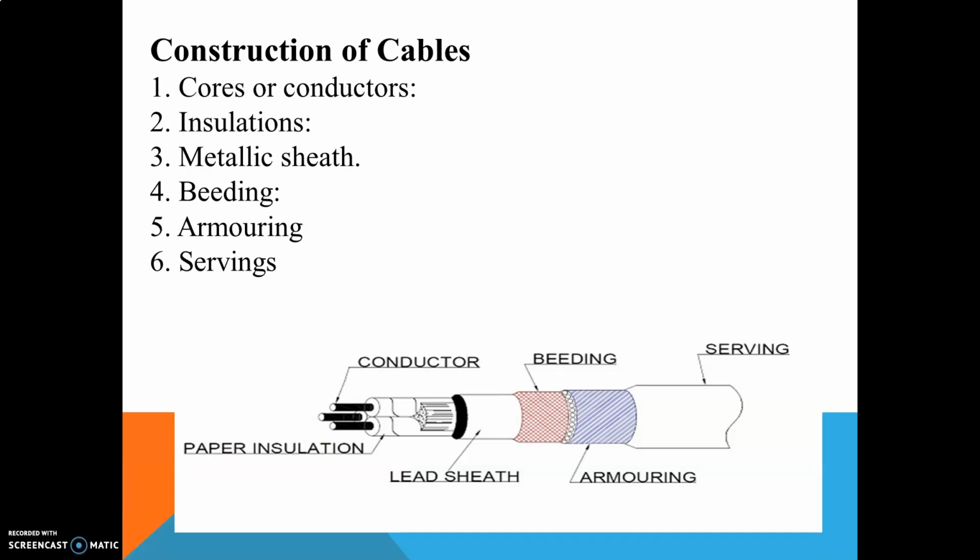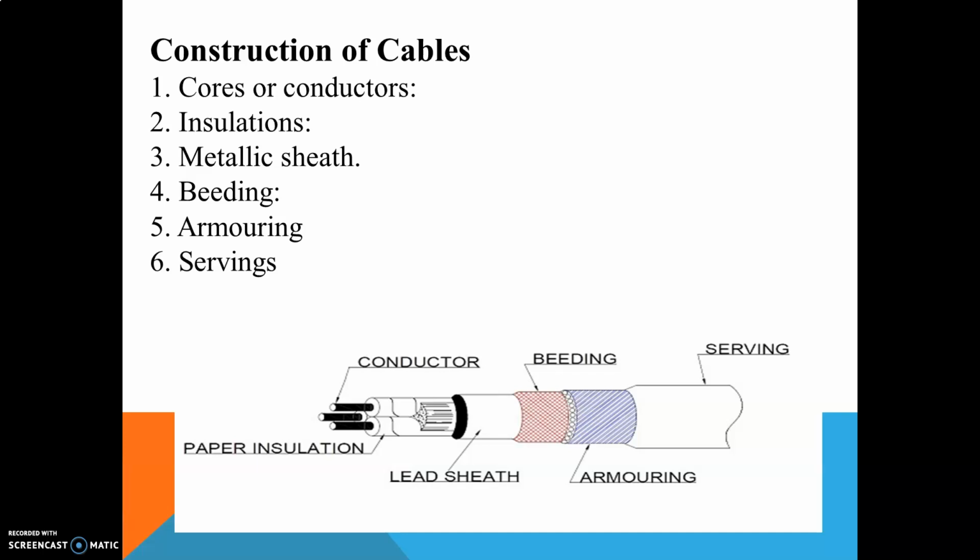In order to avoid corrosion of the aluminium or lead sheath, the sheath is wrapped or covered with hessian tape or jute fiber material.